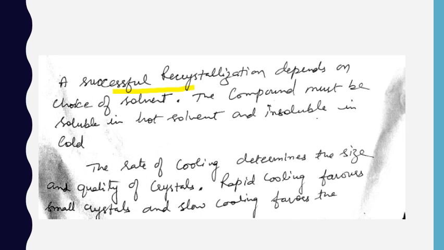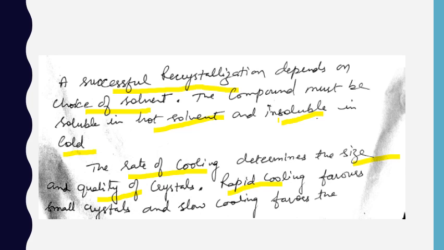A successful recrystallization always depends on the choice of the solvent. The compound must be soluble in the hot solvent. This is the condition, and it should be insoluble in the cold solvent. The rate of cooling, as we understood before, determines the size and quality of the crystals.